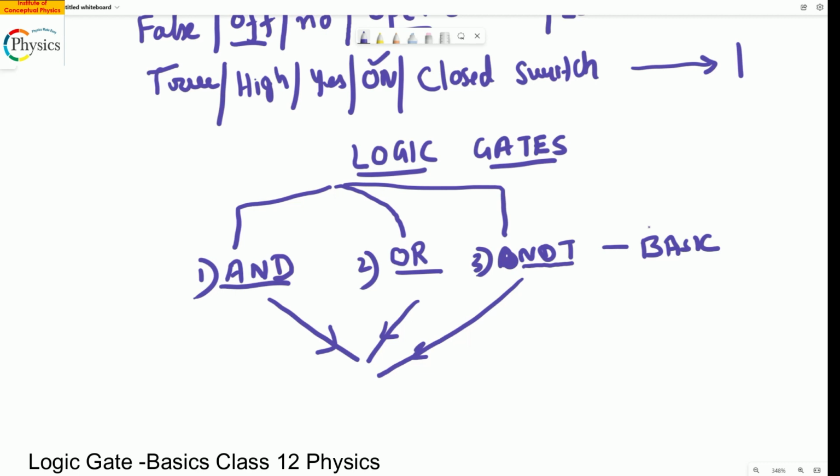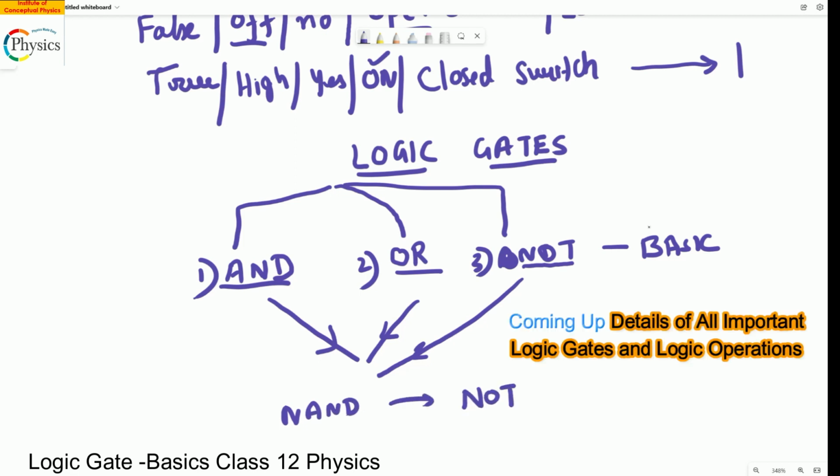The NAND gate, for example, which we will study, is nothing but a combination of a NOT gate plus an AND gate. Currently just focus on one thing: these are the basic gates, and by using these three you can get any other gate. We will also study the NAND gate, the NOR gate, and the XOR gate.